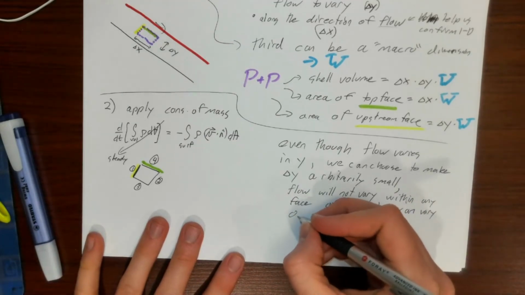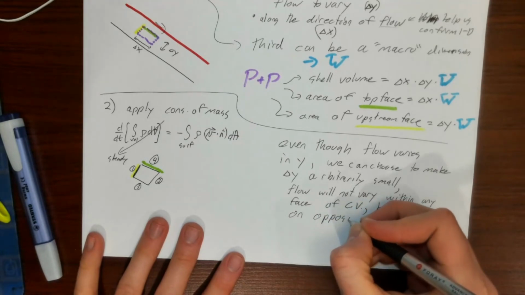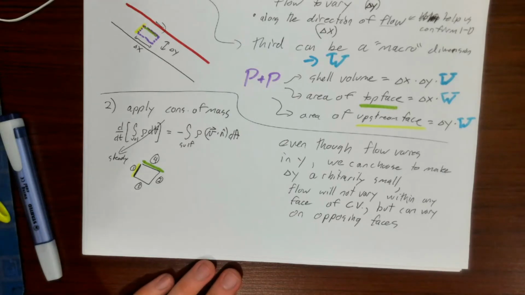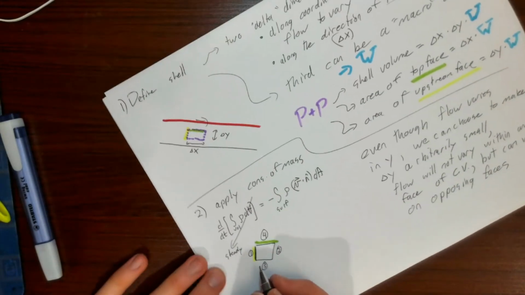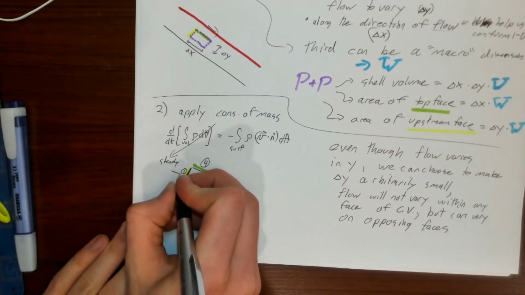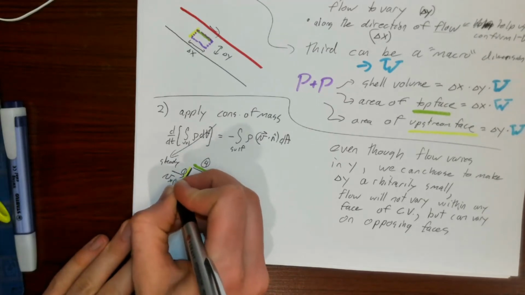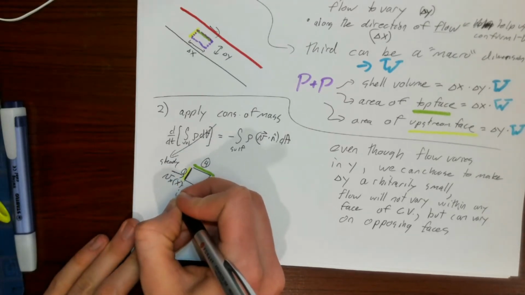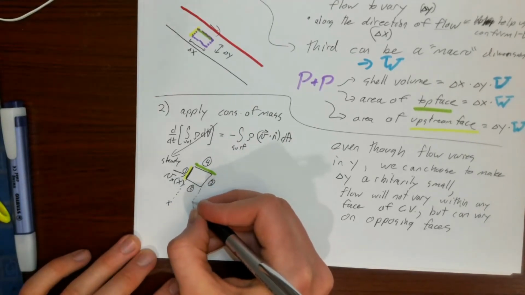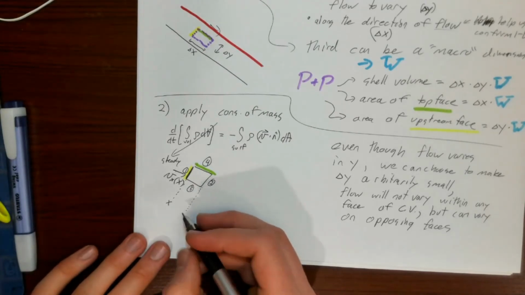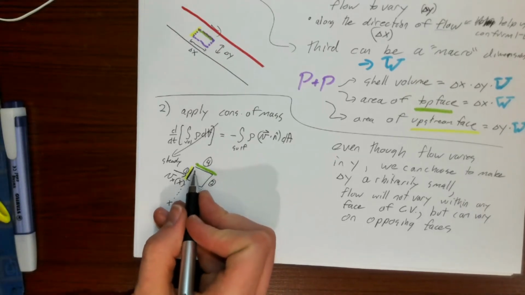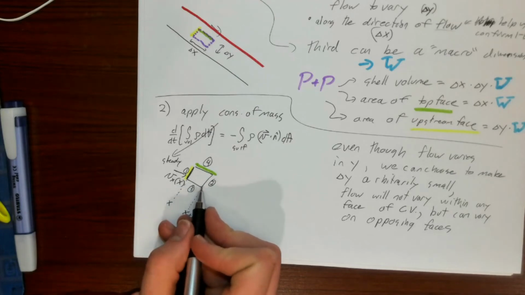on opposing faces. So what do I mean by this? Well, on surface 1, let's say we have some Vx at position x, where we call the location of this face position x. Then I would describe the position of this face as x plus delta x, because the length of the control volume is delta x.